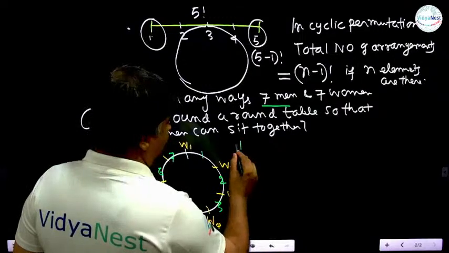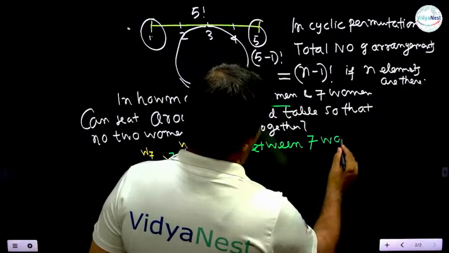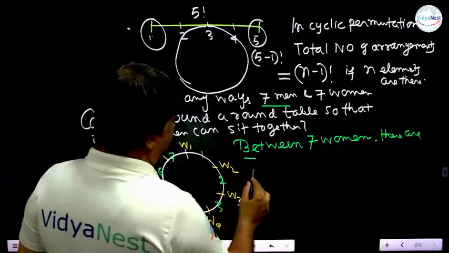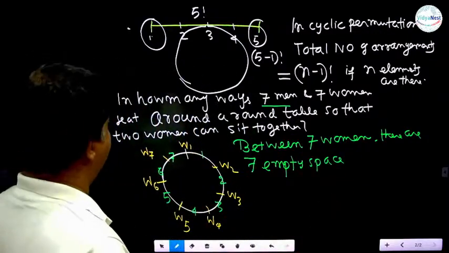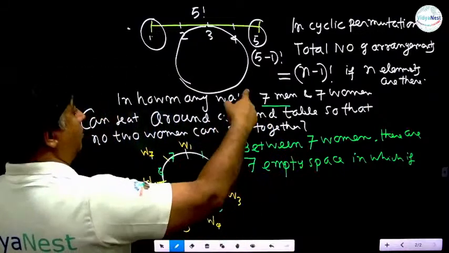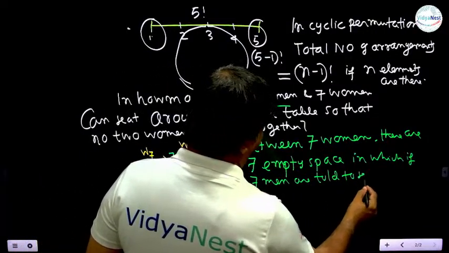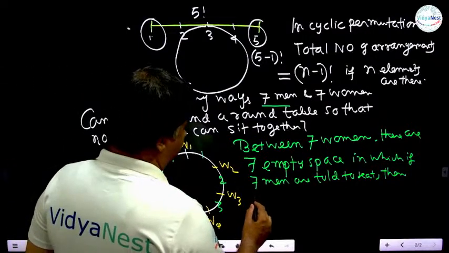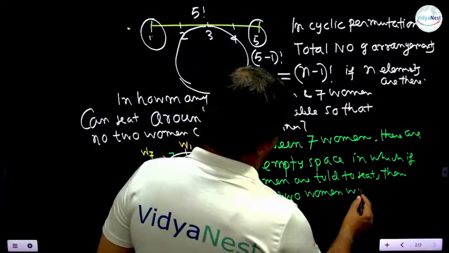So actually, between 7 women there are 7 empty spaces, in which if 7 men are told to sit, then no two women will sit together.